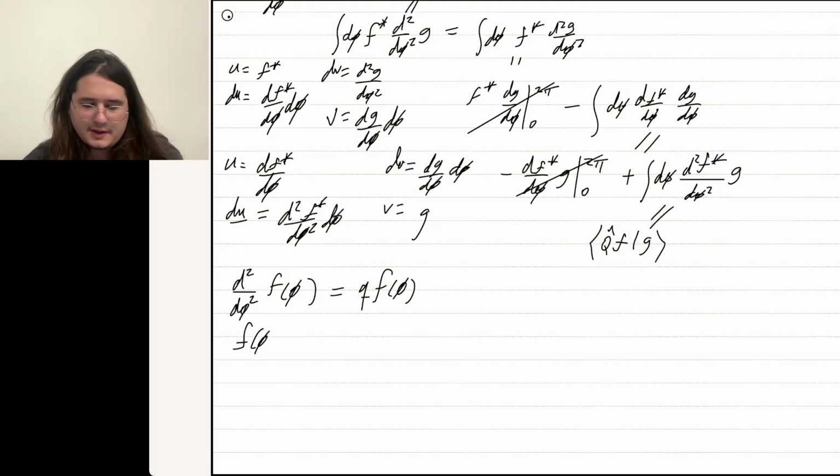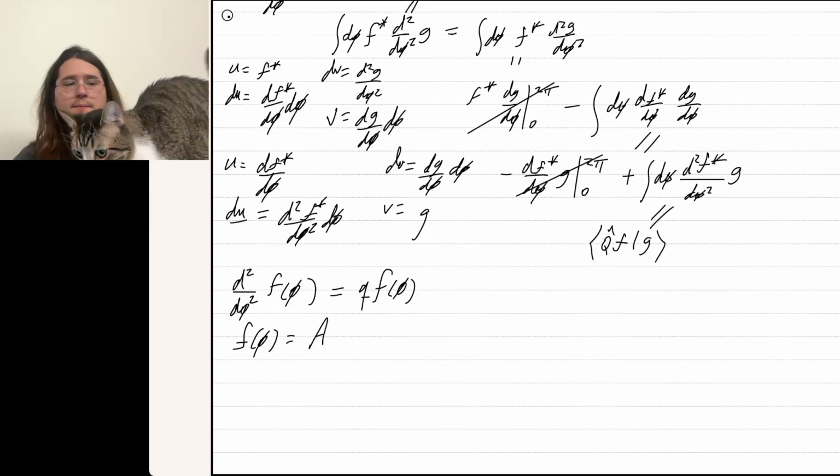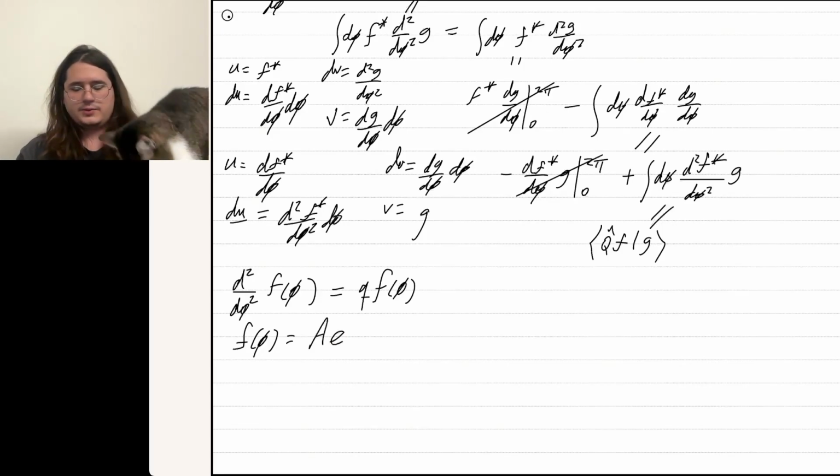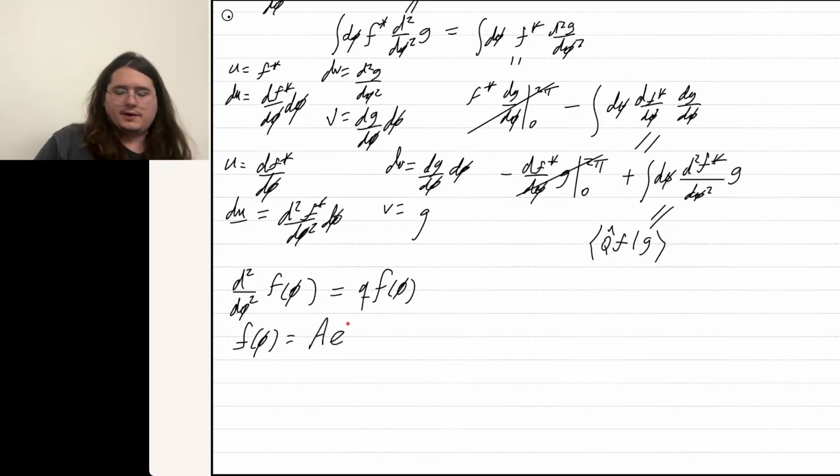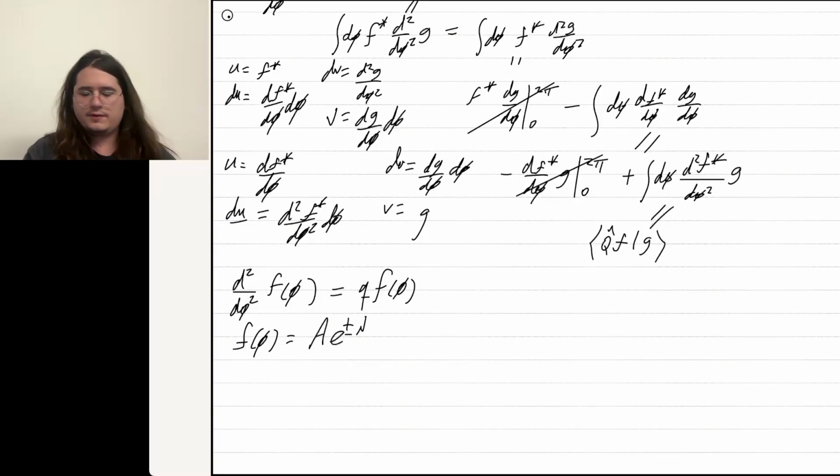I'm going to say that f of phi equals some constant a times an exponential with plus or minus the square root of q times phi in the argument. I'll show you why this works.